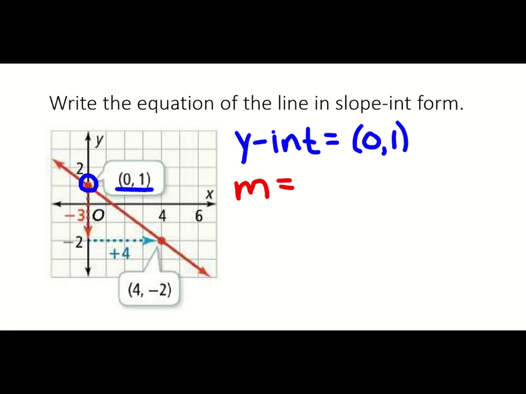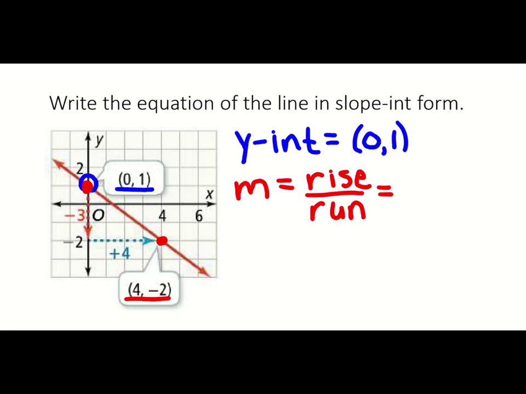Now, for the slope, we need to count the rise over the run. So slope again, rise over run. What I need to do is, from any 2 points on the line, count the rise and the run. So we're going to use this point here at (0, 1), and we're going to use this point here at (4, -2), and we're going to count the rise and the run.